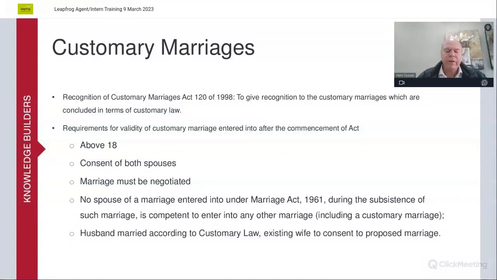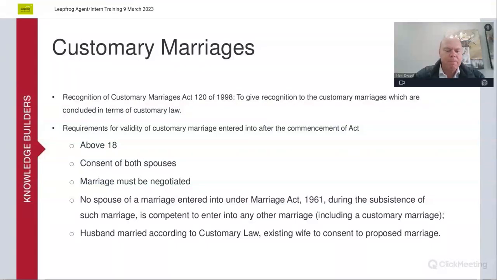So there are certain rules and regulations with regards to people married according to customary marriages. People are not described as being married according to customary marriages. It is just the way that they enter into the marriage.